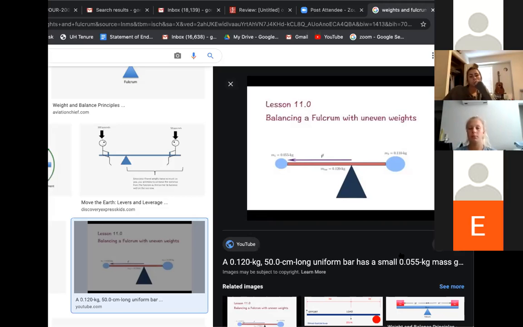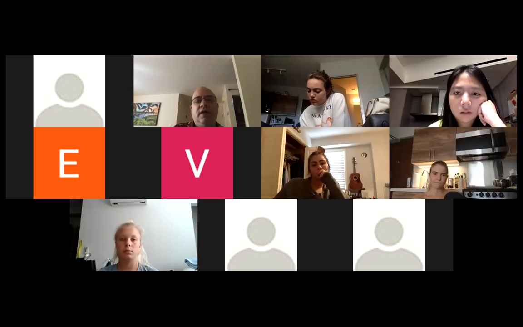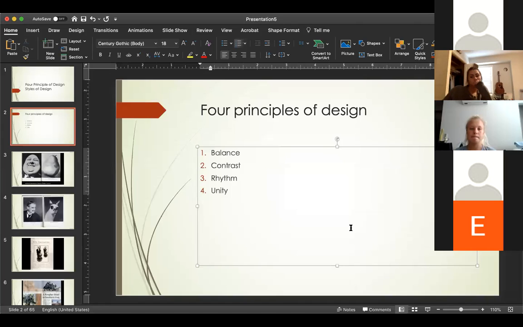So if you do that, to go back to, I'm going to stop the share and go back to my PowerPoint screen. If you do that, which of these other principles of design is it going to affect? It's going to affect contrast, right?